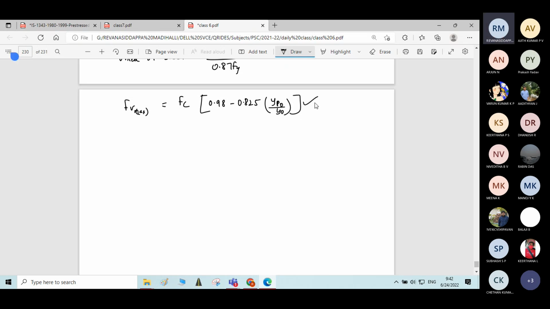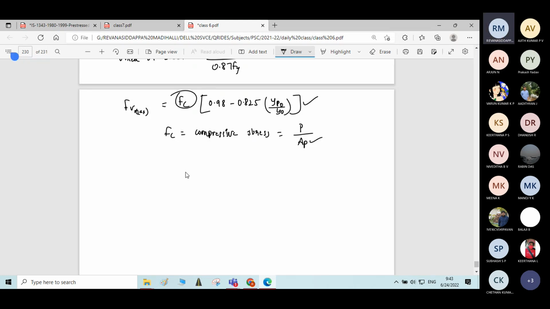This formula you need to remember, students. Here Fc is the compressive stress, which is calculated as the pre-stressing force divided by the area of prism, not the area of cable, students.